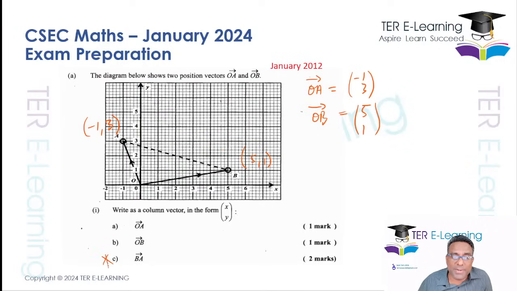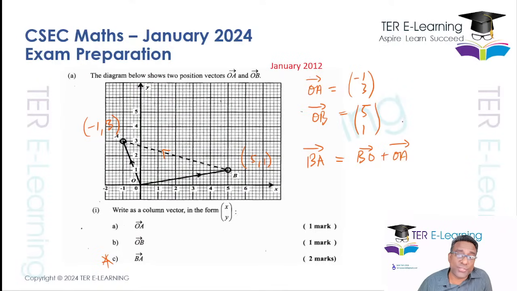To work out this part here, we can actually calculate it if we want, or you can go to the diagram and figure it out. So if I want to get the vector BA, again, I could go to the diagram, or I can say it is BO plus OA.